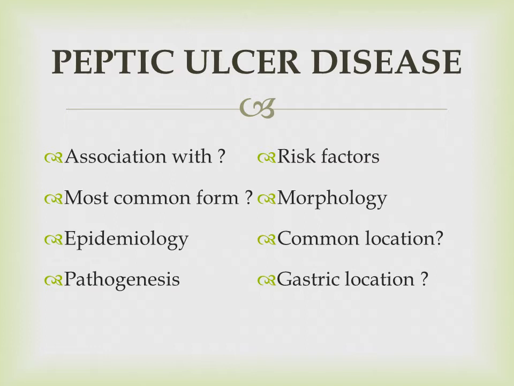Now the morphology. What is an ulcer? An ulcer is a defect in the epithelium. There is a continuous columnar epithelium in the stomach, and abruptly there occurs a defect. The place where there is a defect in the epithelium will be called an ulcer.